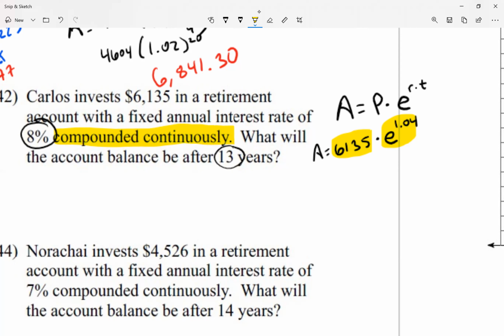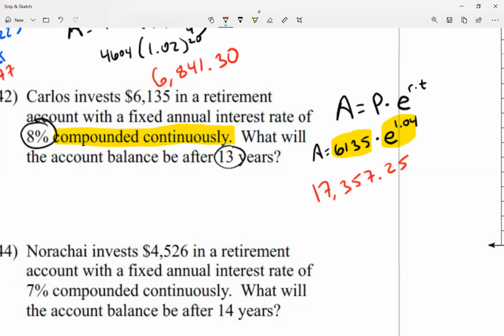Now, when I multiply this out, I get 17,357.25. Notice I'm rounding to 2 decimal places. My decimal was 0.246. I call it 0.25 because I'm rounding to 2 decimal places.